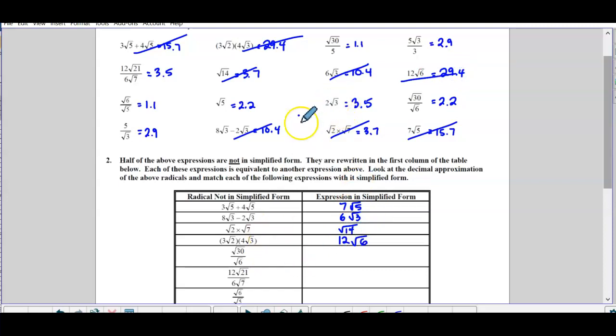Root 30 over root 6 is 2.2, and this is 2.2. 12 root 21 over 6 root 7, 3.5, is equal to 2 root 3. Root 6 over root 5, 1.1, is equal to root 30 over 5.